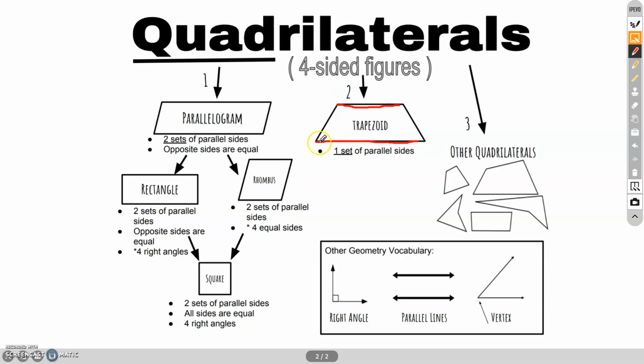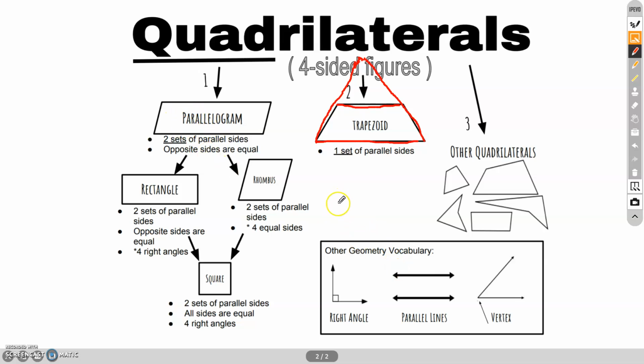The two on the side, if I would extend them out up here, eventually they're going to touch up here. Okay? So if I keep extending these out, they're going to touch. So one set of parallel sides separates this quadrilateral from all of these other quadrilaterals over on this side.